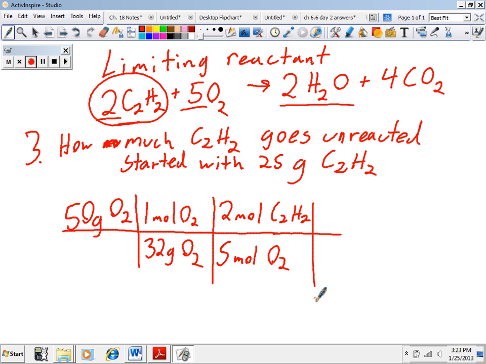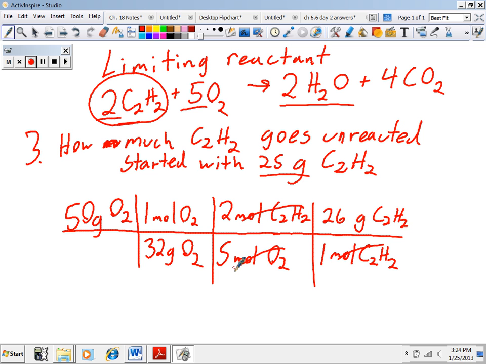Now we want a mass because we were given our C2H2 initially in mass. So let's go ahead and say 1 mole of C2H2, which again is 24 plus 2, so that's 26 grams of C2H2. Double check here, moles of C2H2 on top and bottom cancel, moles of O2 on top and bottom cancel, grams of O2 on top and bottom cancel, and we're left with grams of C2H2.